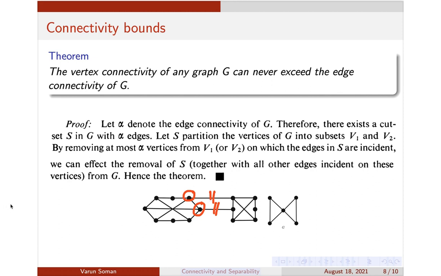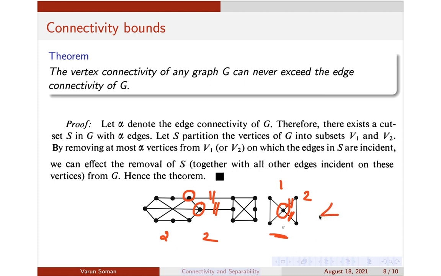Hence the vertex connectivity is less than or equal to the edge connectivity. In this example the vertex connectivity is 2 and the edge connectivity is 2. In this other example, this forms a cut set, so the edge connectivity is 2, but if I remove its endpoint here, it will be disconnected. So vertex connectivity is 1 and edge connectivity is 2. So I have given you examples in which vertex connectivity is equal to edge connectivity, and also less than edge connectivity.